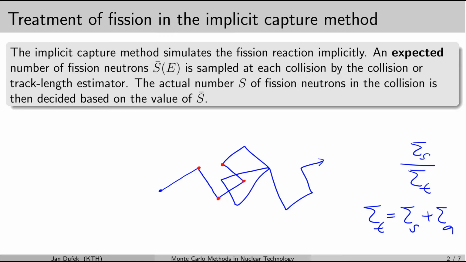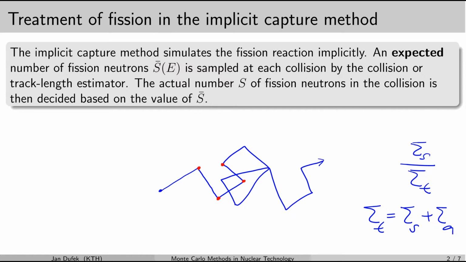So we need to decide the whole number, the integer number, based on the expected number of the fission neutrons at every collision. So at every collision, we first evaluate the expected number of fission neutrons, and based on this number, we decide whether we actually simulate the fission neutron at that point or not.